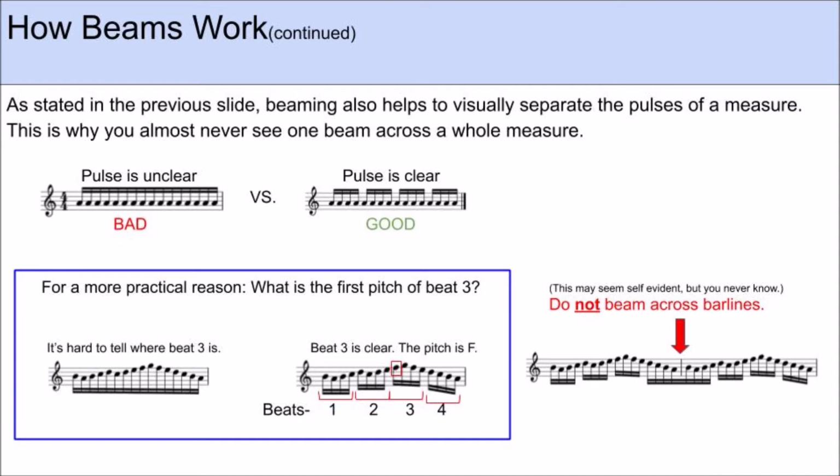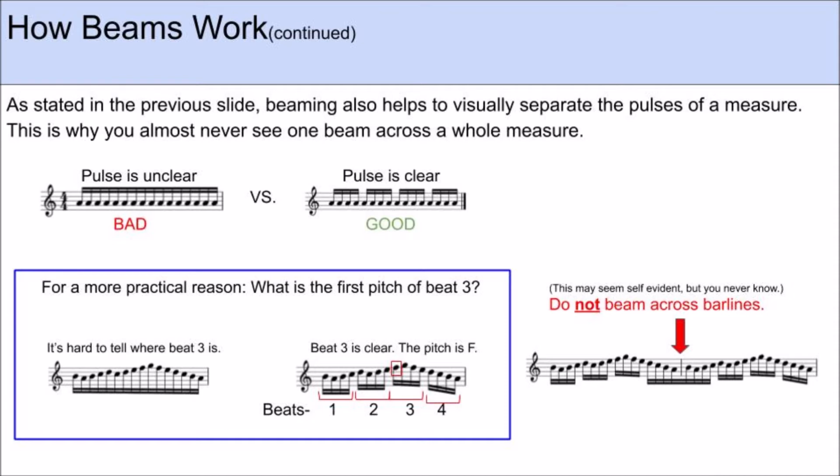When we use beams, the first note in a beamed grouping of notes has an implied strength that the others do not get. And so when we have each beat beamed together in its own little cluster of 4 16th notes, we know that the first one in every beat is going to be a little stronger.